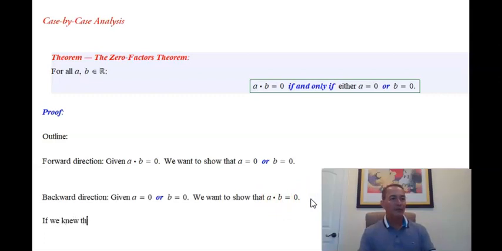If we knew that b equals 0, then what do we have? Well, we have a times b is now a times 0, and that will be 0 by our first example. Okay, that's great.